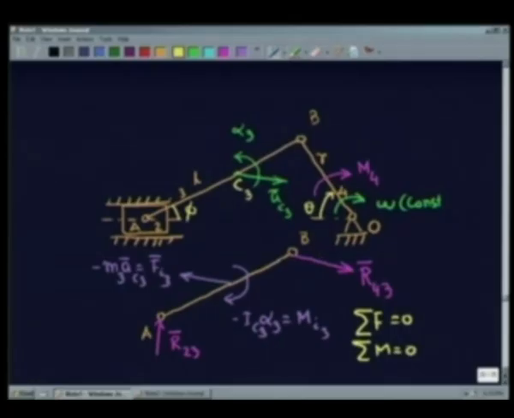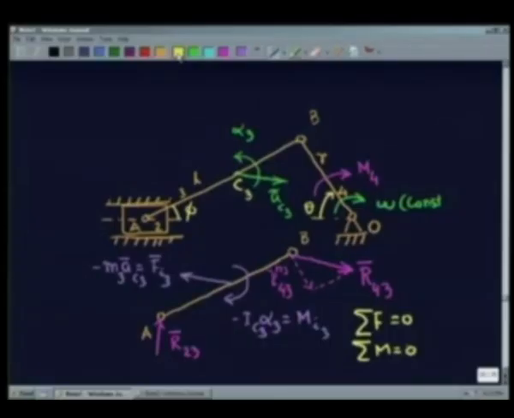So how we solve is this: let us find out the component of R43 which is normal to 3. That we can find out. How?